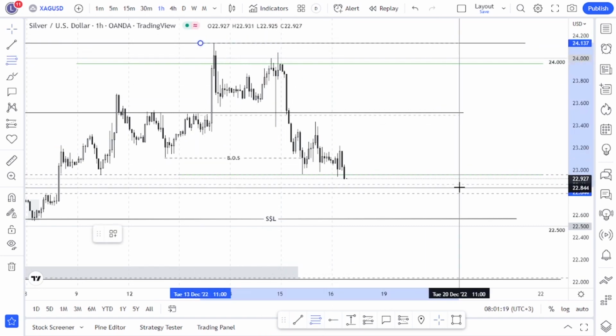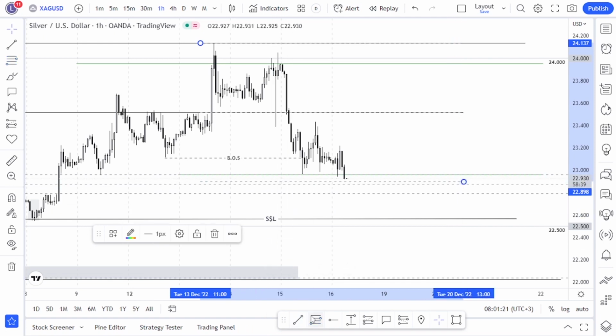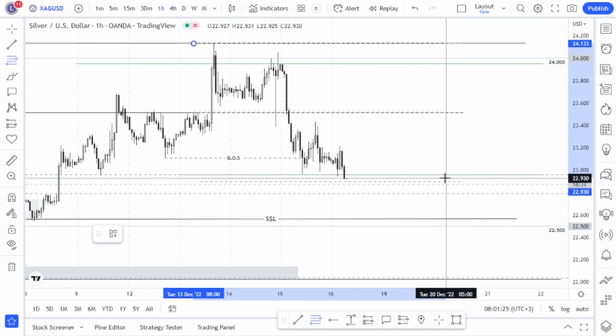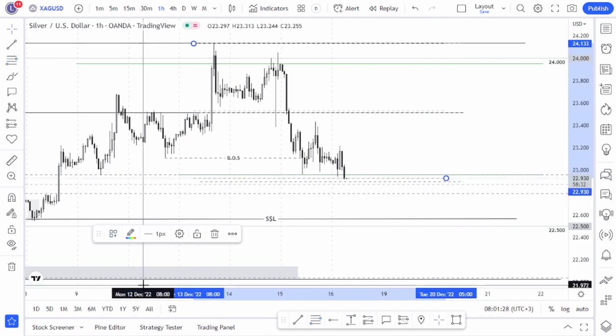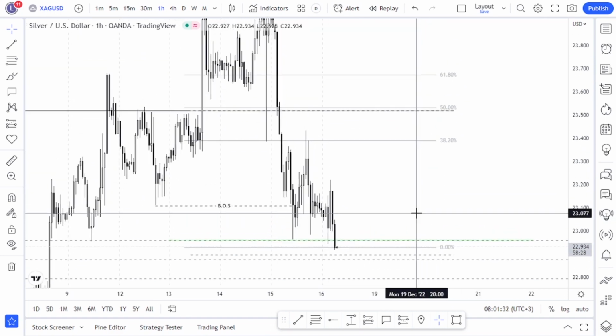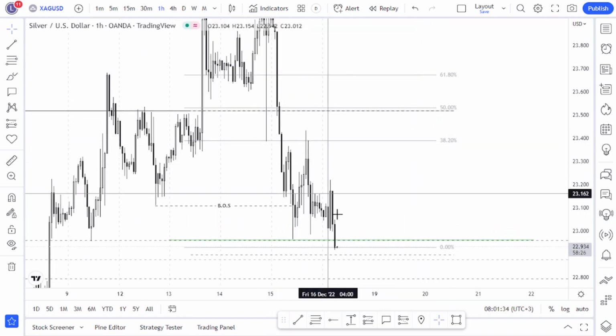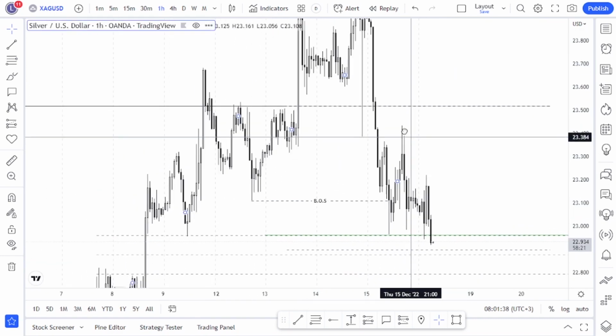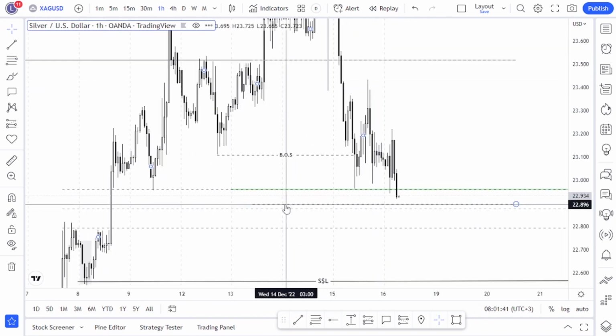Now let's mark out our fibs. Okay, so you can see here price came, rejected the 38% and is now trading lower. However, let's continue with the analysis.